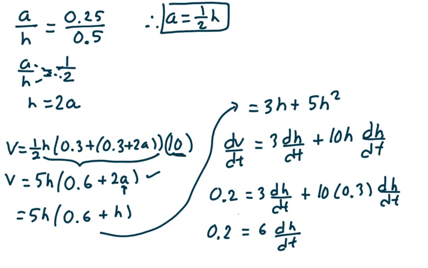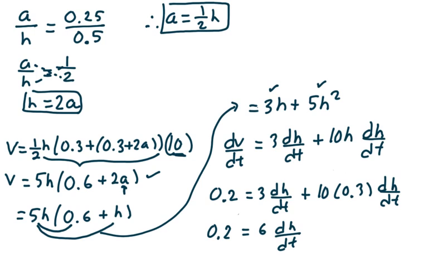And so when I do that, I get the volume is 5h times 0.6 plus h. You could have done it here, which is fine. Now, distribute. So 5h times 0.6 is 3h. 5h times h is 5h squared, and I'm going to add those quantities together.